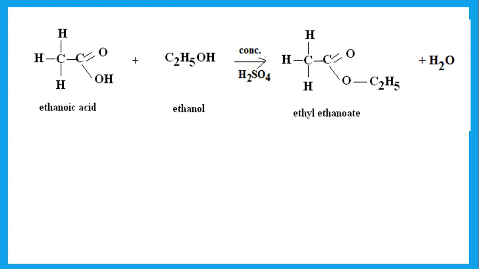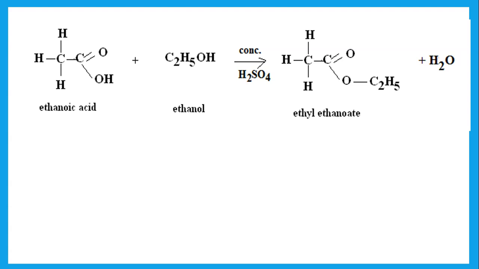How do we name the ester? We start with the name of the alcohol. We had ethanol, so the ester is ethyl something. The acid was ethanoic, so the ester is ethyl ethanoate.